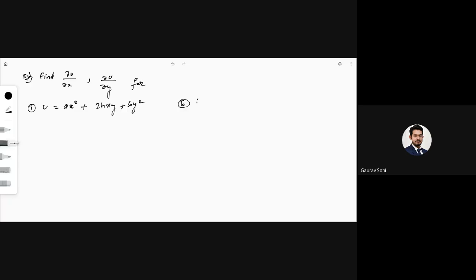B, u is equal to x^y + y^x. C, u is equal to x upon x² + y².